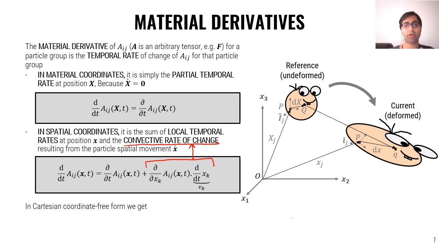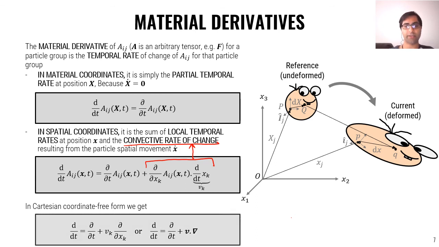In coordinate free form, for Cartesian coordinate, of course, we get d/dt is equal to partial partial t plus vk partial partial xk, or d/dt is equal to partial partial t plus v dot the gradient of the property. Expanding this term, we have v1 partial partial x1 plus v2 partial partial x2 plus v3 partial partial x3.